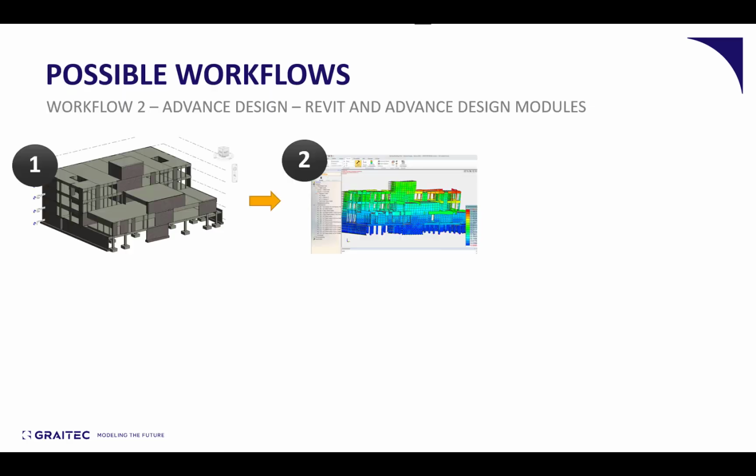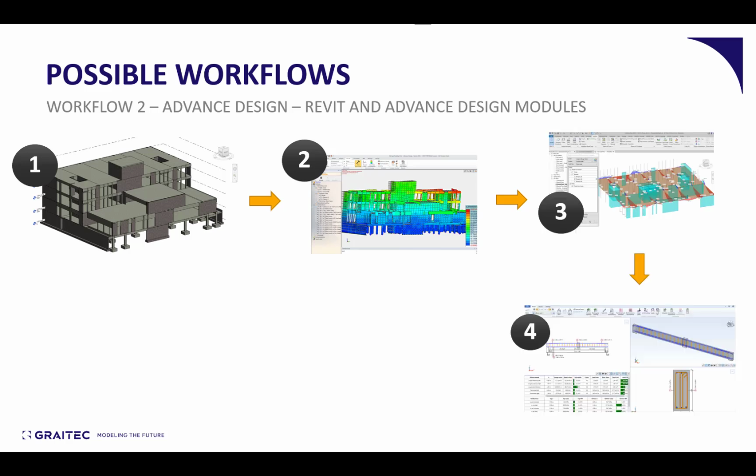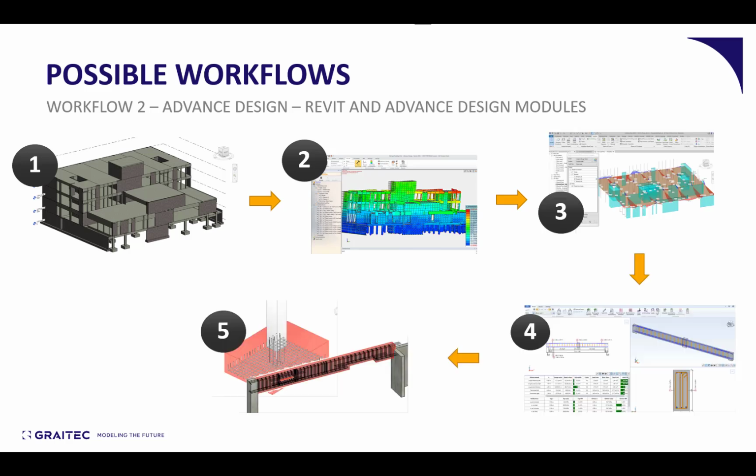A second workflow that I describe, but will not showcase, is that we can also bring another piece of software and technology here. It's to actually start from Revit, export the model to Advanced Design in step 2, launch the calculation, export to Revit, and bring back and synchronize the analytical model designed and calculated in Advanced Design back to Revit.